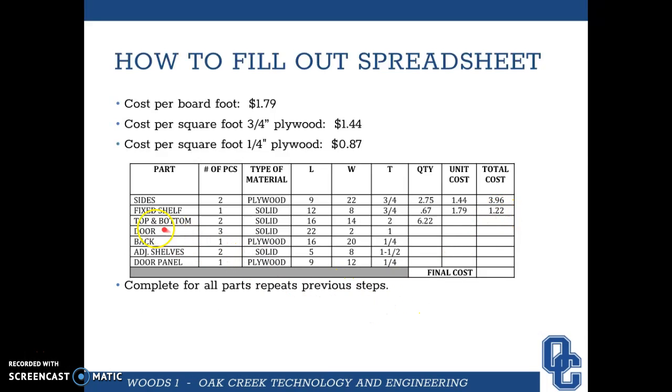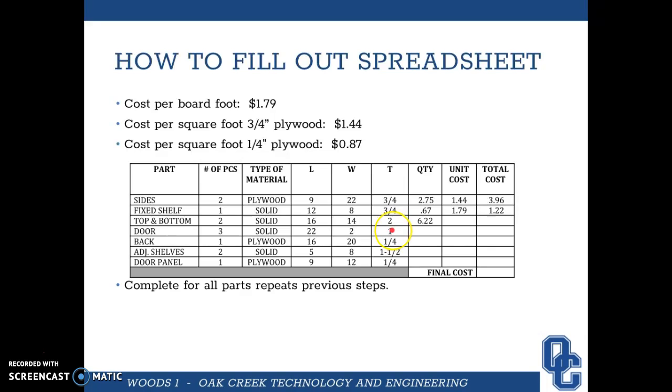Let's now look here at our top and our bottom. As we can see, it's made out of solid oak. So of course, we're going to be using our length times width times thickness formula. Our length is 16, our width is 14, and our thickness is 2. Now, this is the first time we've come across anything that wasn't 1 in the thickness, but it's not going to affect us too much here.